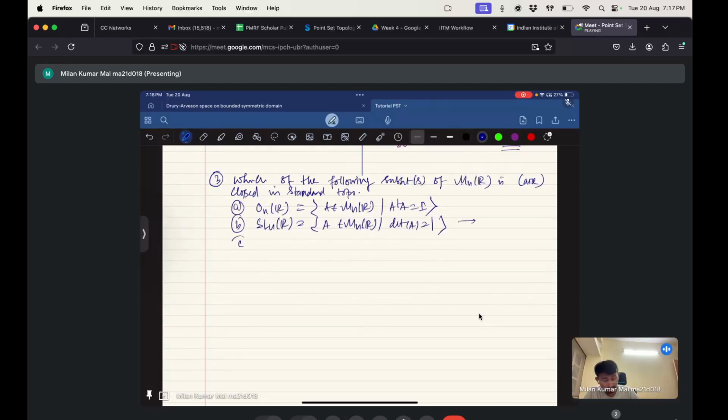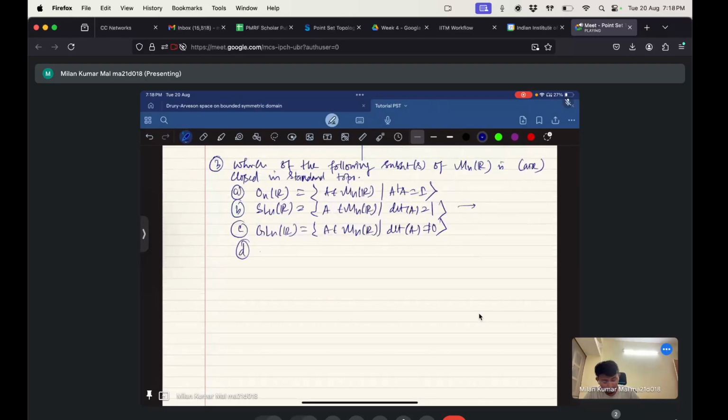Still, I will discuss today that GLnR equals all those A belonging to MnR such that determinant of A is not equal to 0, and option D, GLn plus R, which is equal to all those A belonging to MnR such that determinant of A is greater than 0. This we have already proved, but still I will discuss it today.